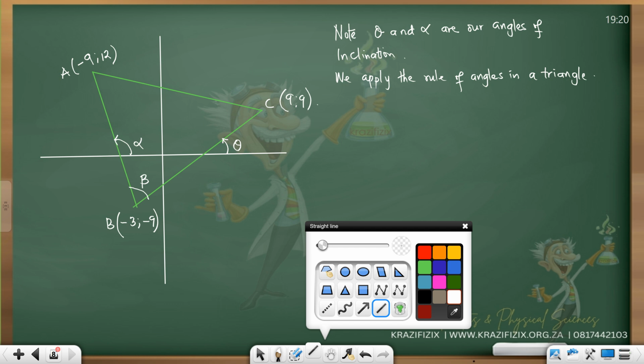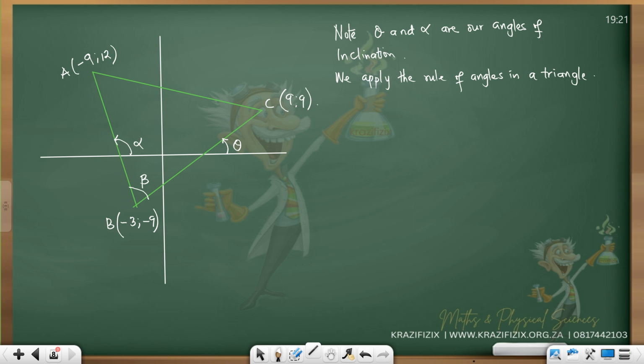We can work with the exterior angle of a triangle equal to the sum of the opposite interior angles, or we can work with the sum of angles in a triangle.